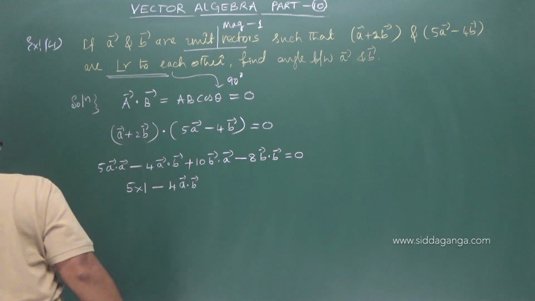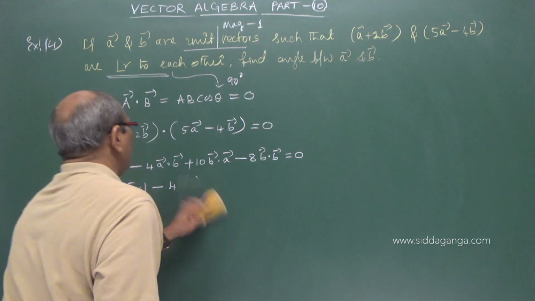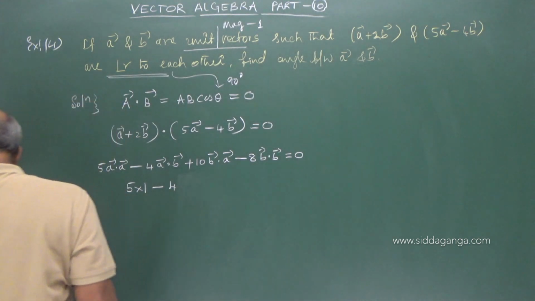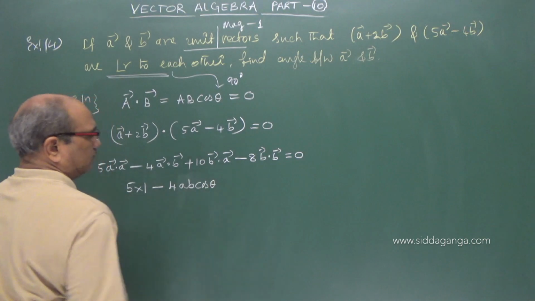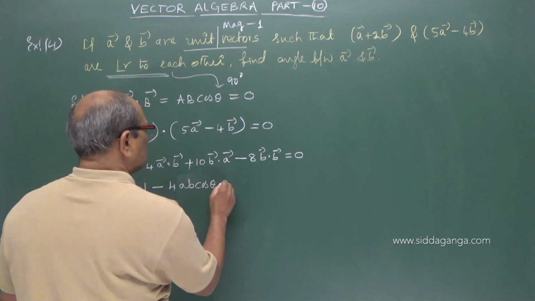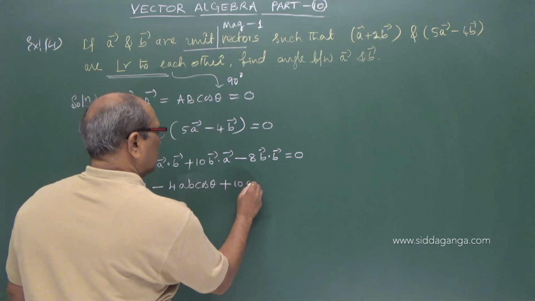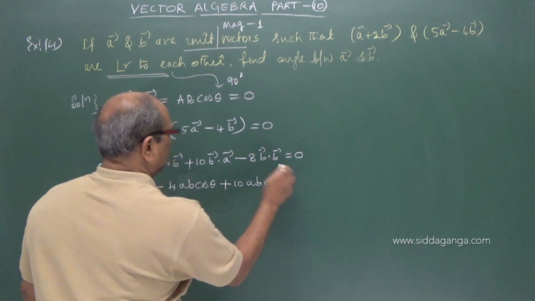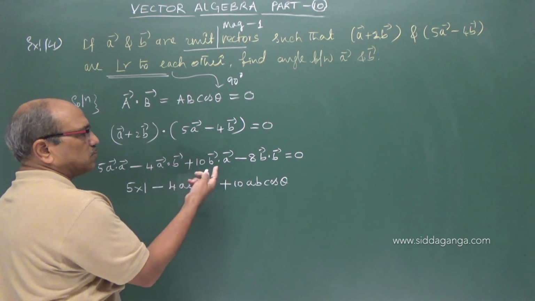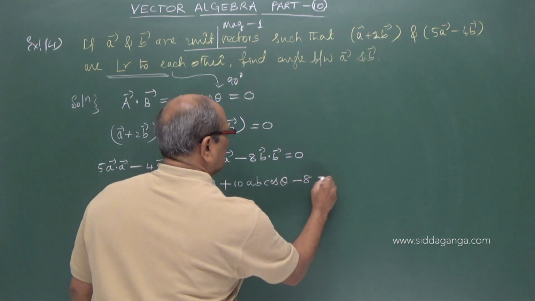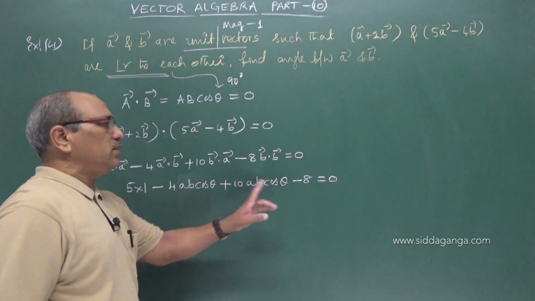I can write it directly as AB cos theta, plus 10 AB cos theta. Why? Because B dot A is A dot B, so it can be written so. It is minus 4, it is plus 10, minus 8 equal to 0. B dot B is 1.